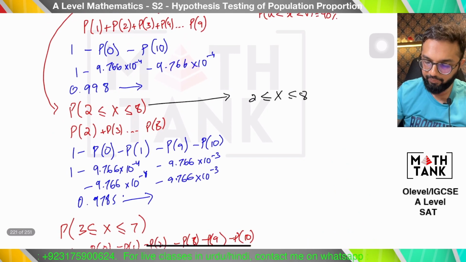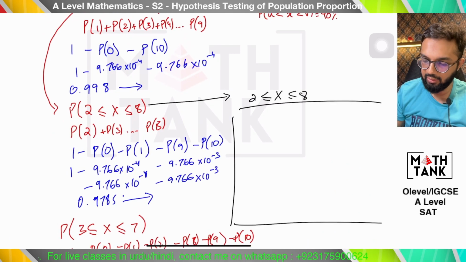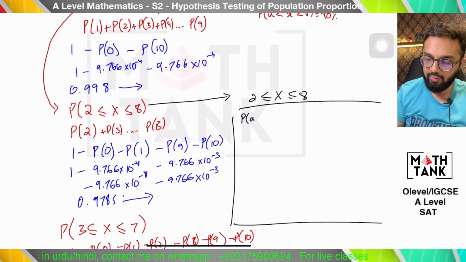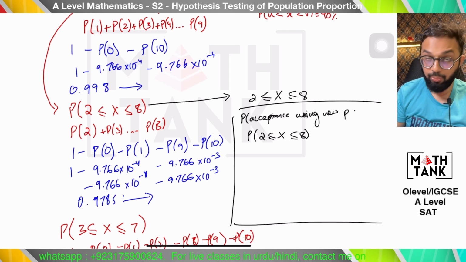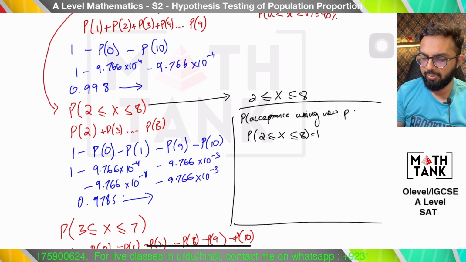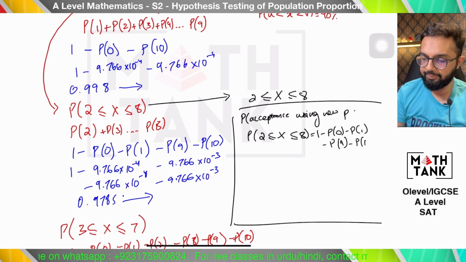Okay, so the acceptance region is basically the probability of acceptance using the new p. So I have to calculate the probability of 2 to 8 using the new p. Again, I will subtract 1 minus the probability of 0, 1, 9, and 10.